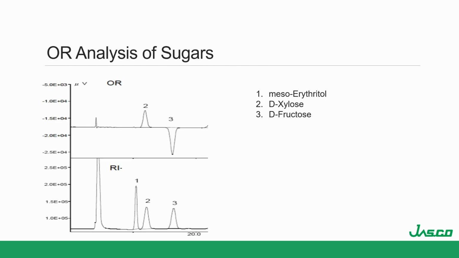So here you see the OR analysis of sugars. At the top is the OR trace, and here's the RI trace. The top trace shows only the optical isomers, 2 and 3. But what we would have missed without RI detection is number 1, which shows up here. So these two detectors used in conjunction with each other can really serve a good purpose.